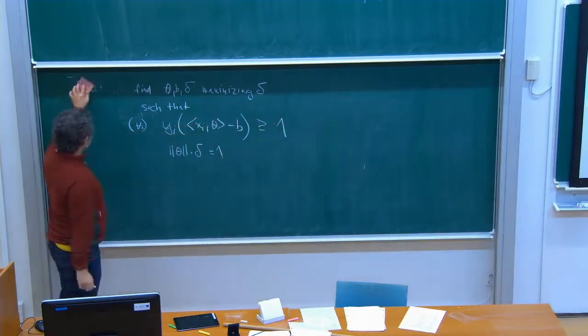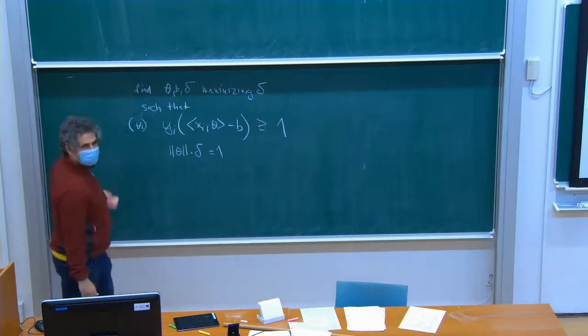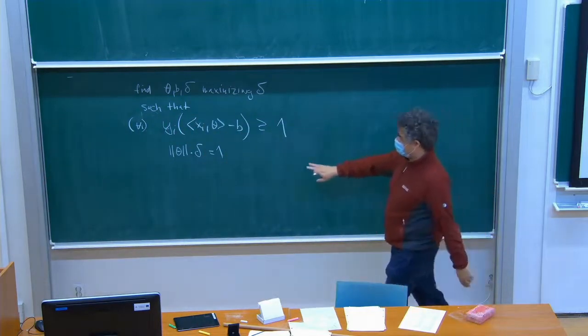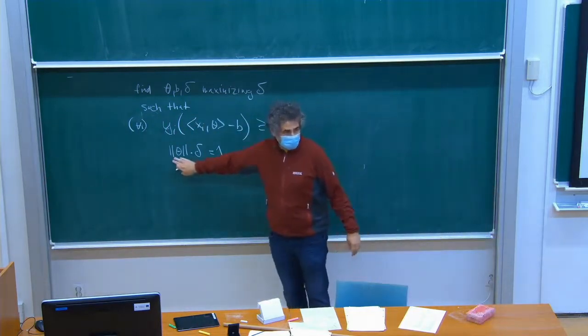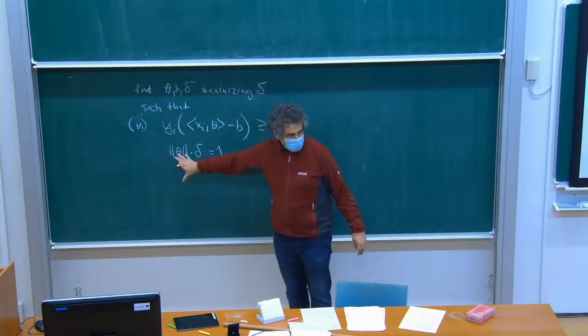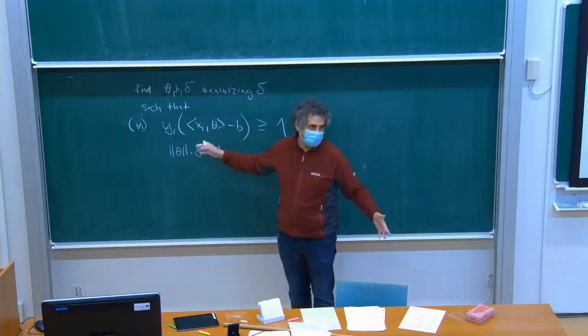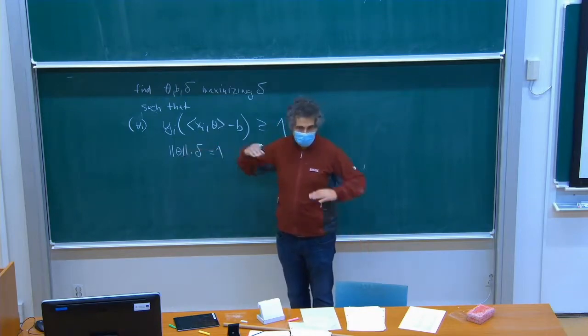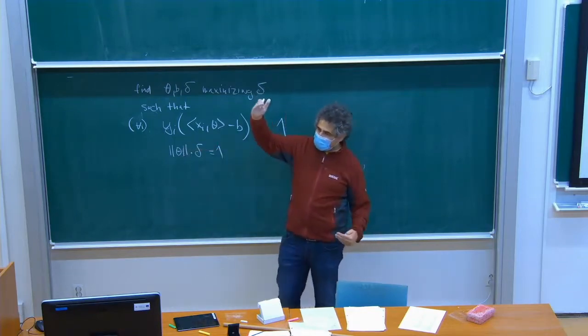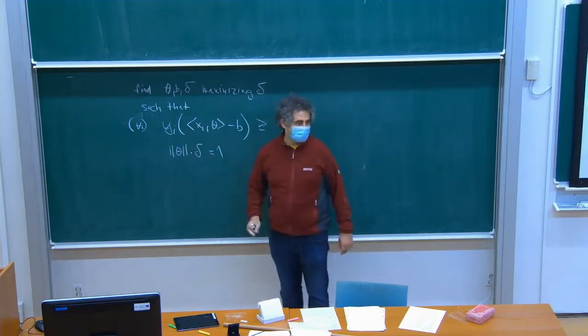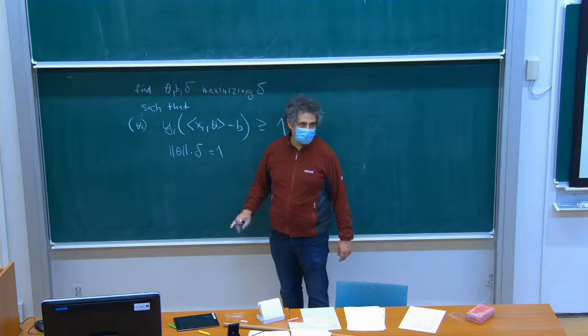So, was that a good idea? I'm still limited to one solution, okay? Because there is only one solution to maximize delta, or a small number of solutions, so I cannot scale theta in an arbitrary way, but I've tied the size of theta to the size of my margin.